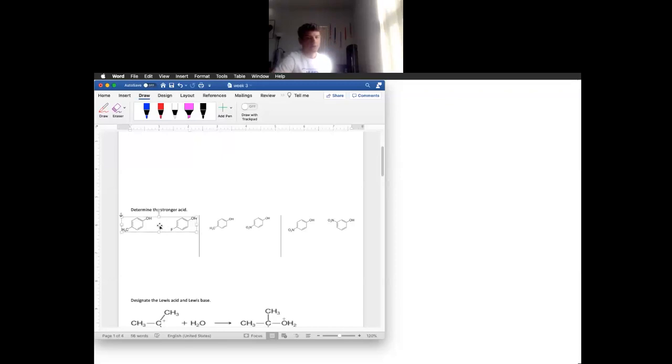And so just looking at this, what's more acidic? These are just straight cardio. One person says the one with the fluorine.